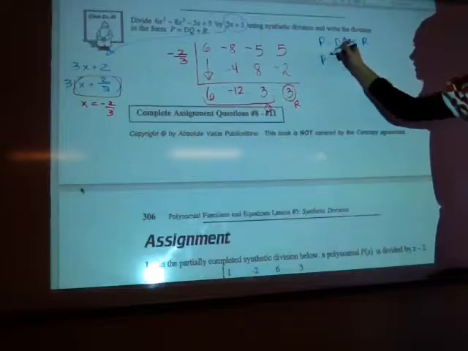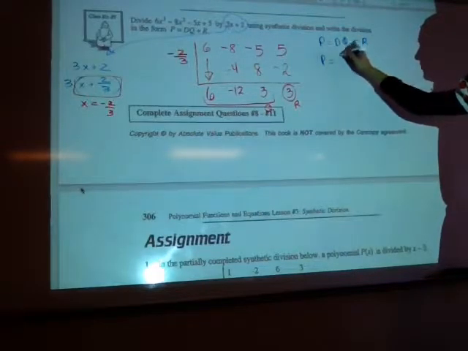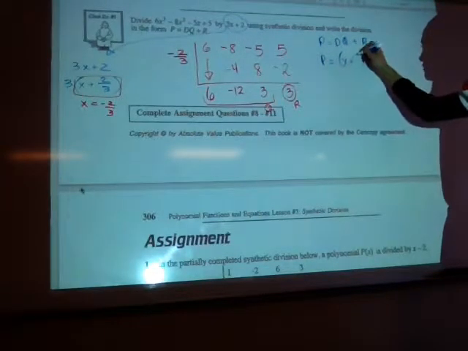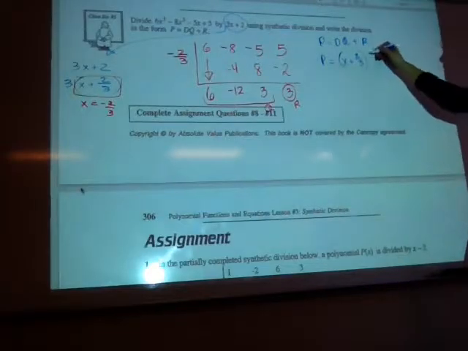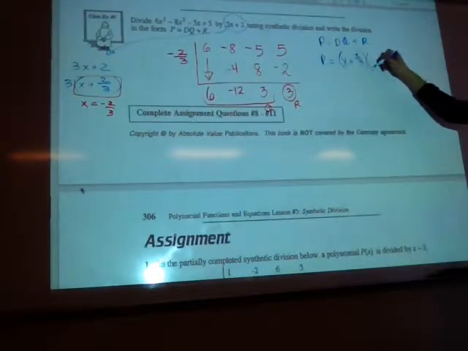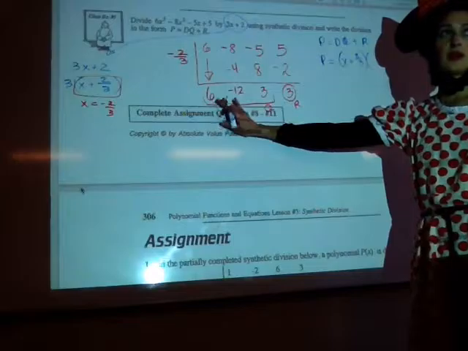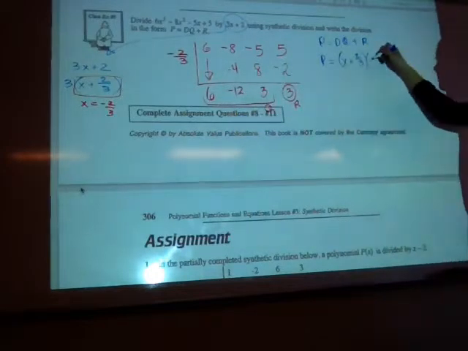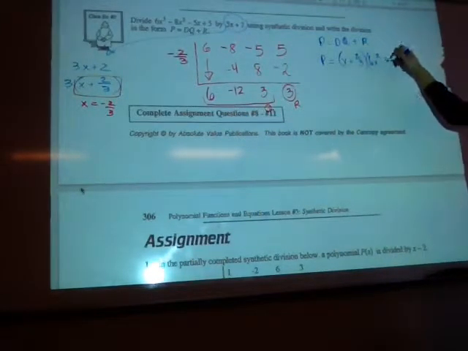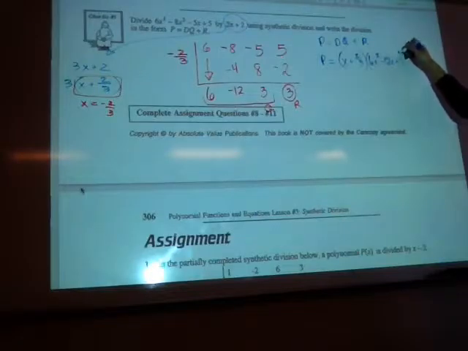So we have our polynomial is equal to, right now our divisor is just x plus 2/3. The quotient that we found from the bottom is 6x squared minus 12x plus 3. And our remainder was 3.